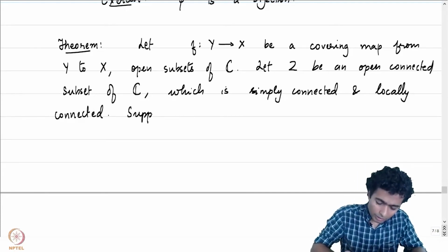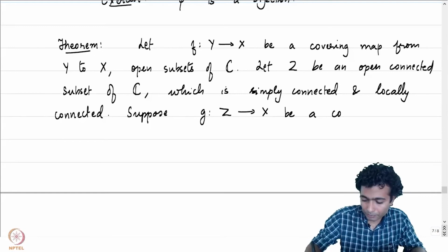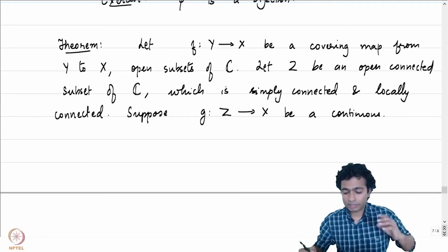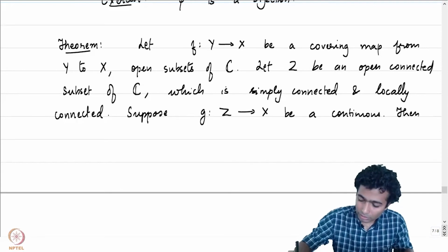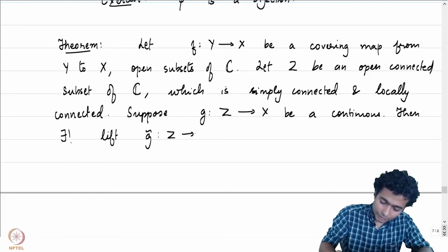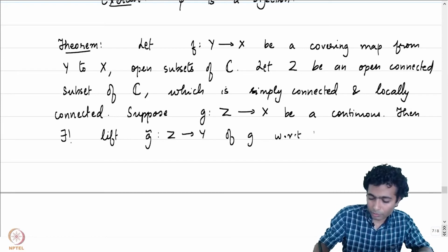Suppose G is a continuous map from Z into X. Under the hypothesis that we have imposed on Z, we can conclude that there exists a unique lift G tilde from Z to Y of G with respect to F.